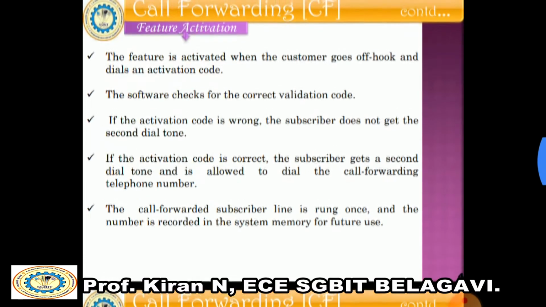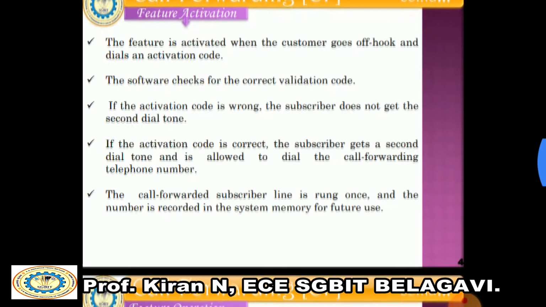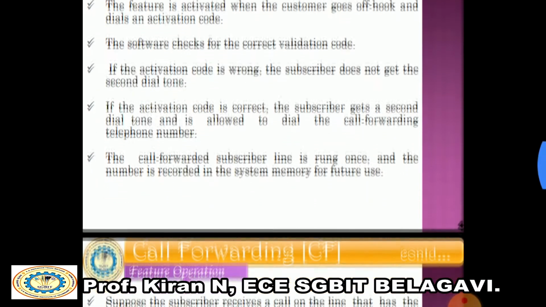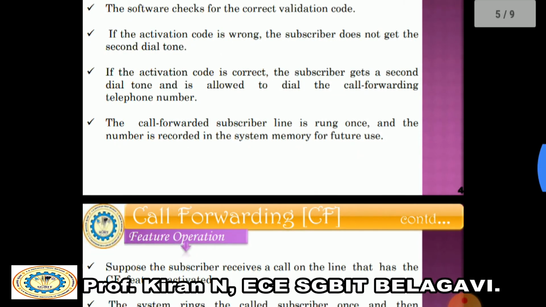Once the ringing of call forwarding begins, it starts simulating the call forwarding dialed number. At that moment it checks the call forwarding number and tries to get connected to that subscriber.